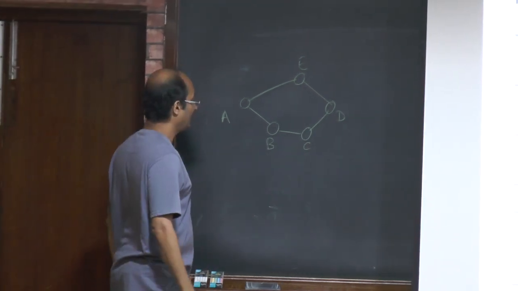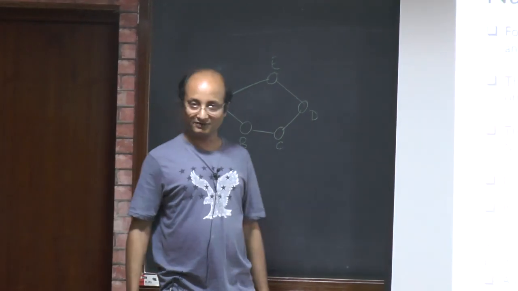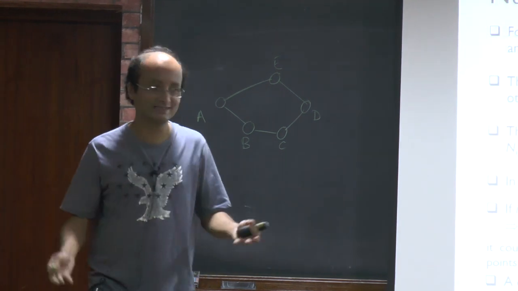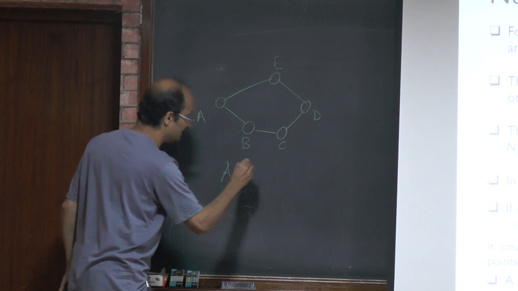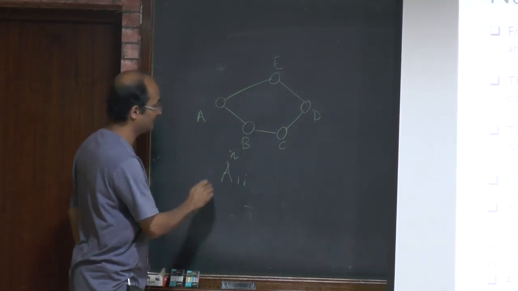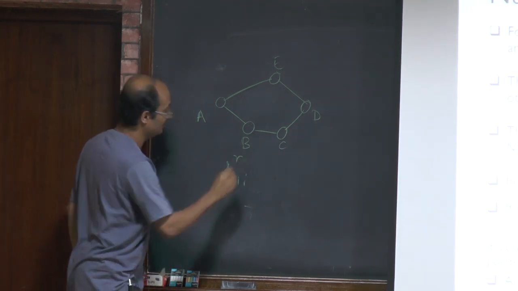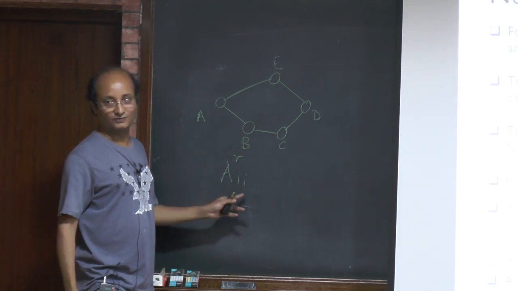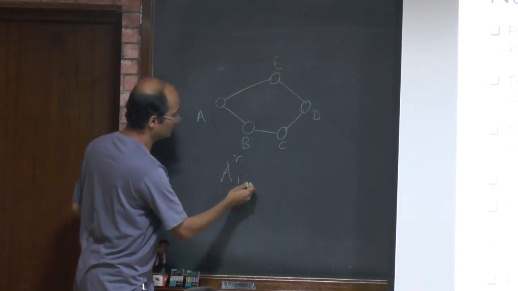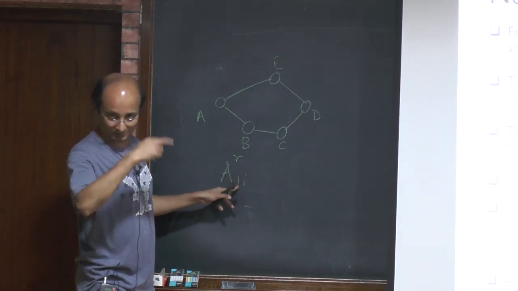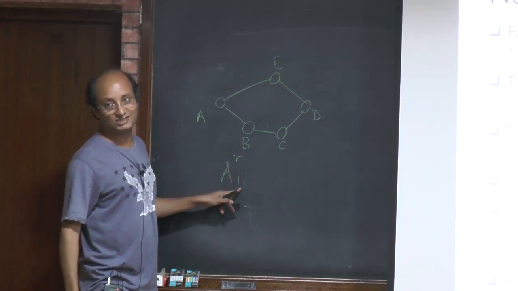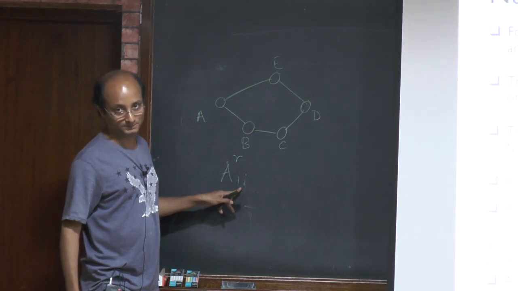If you're interested to know the number of cycles, all you have to do is look at the diagonal elements of the matrix A raised to r for i. This will tell you whether there is a cycle or closed loop which includes i.